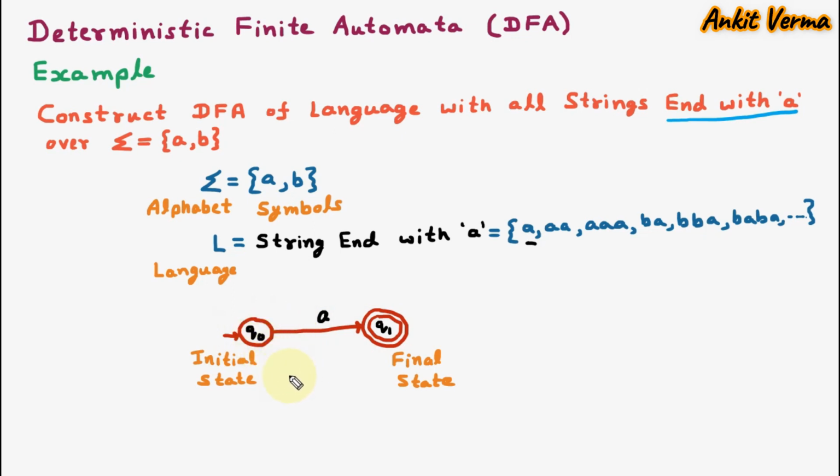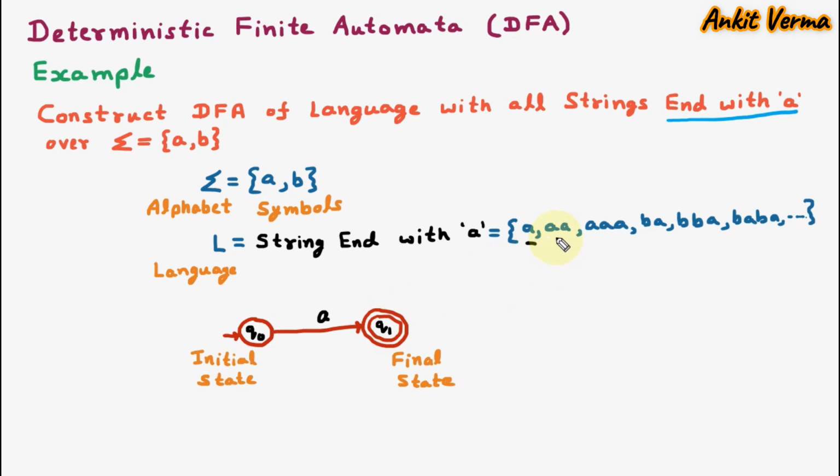The B move is right now not given. And in Q1, both the A and B moves are not given. So until we address all these points, the DFA is not complete. So we are moving forward to complete this DFA.